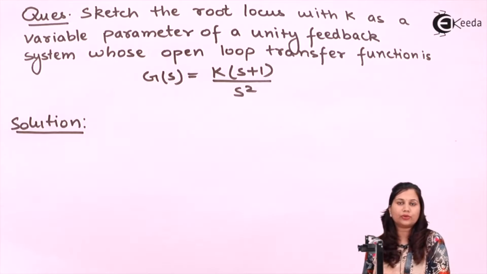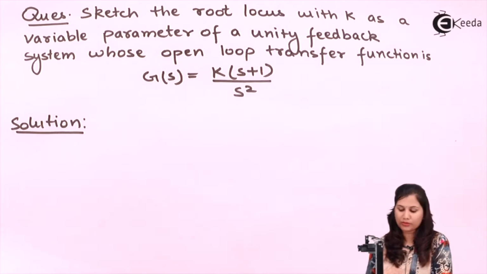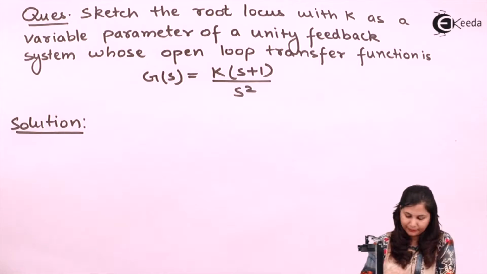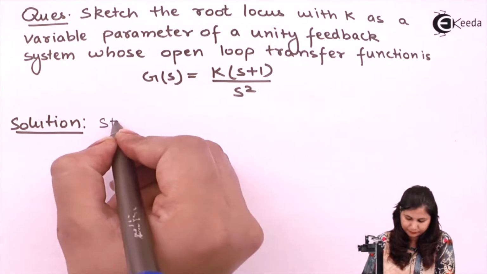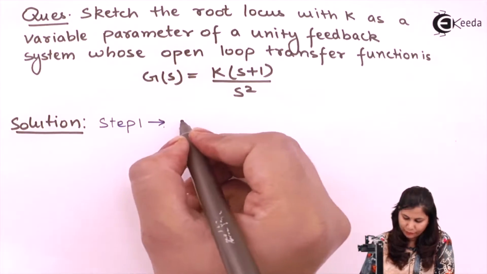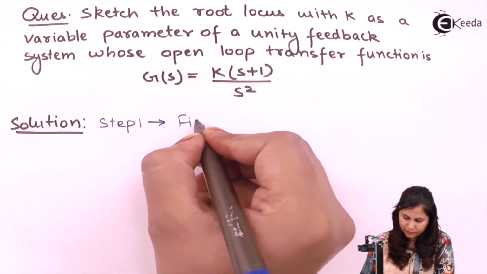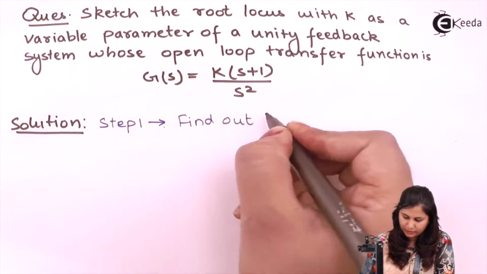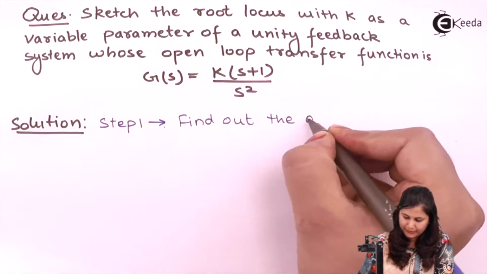To sketch the root locus, first we have to find out the open loop poles and zeros of this system. So our first step will be to find out the open loop poles and zeros.